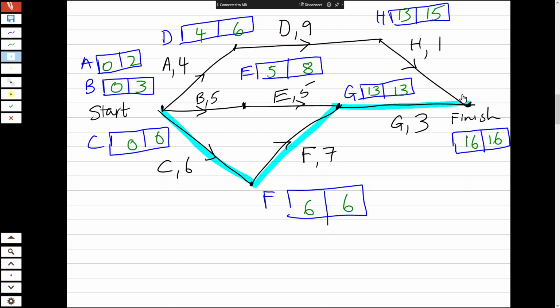Duration is 6. Duration is 5. Time is 14.